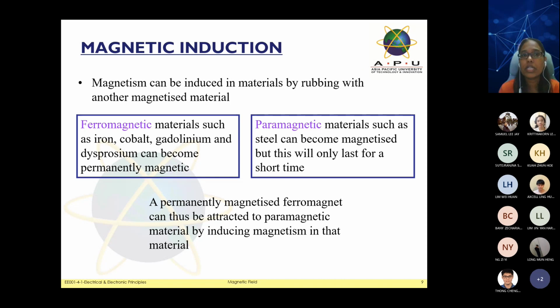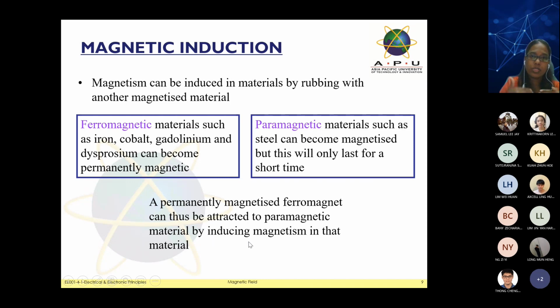Ferromagnetic means a permanent magnet. Paramagnetic means a temporary magnet, which only lasts for a short time. They have a duration, and that's what we call temporary. So that's specific to paramagnetic.